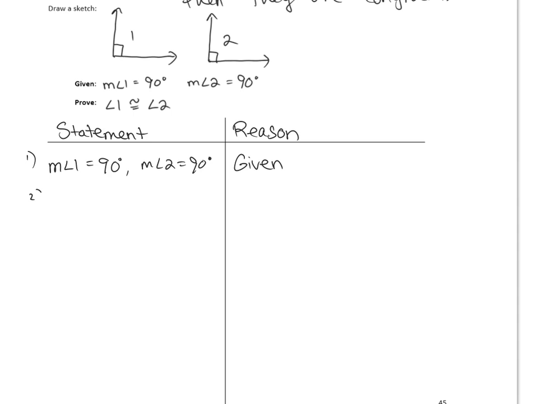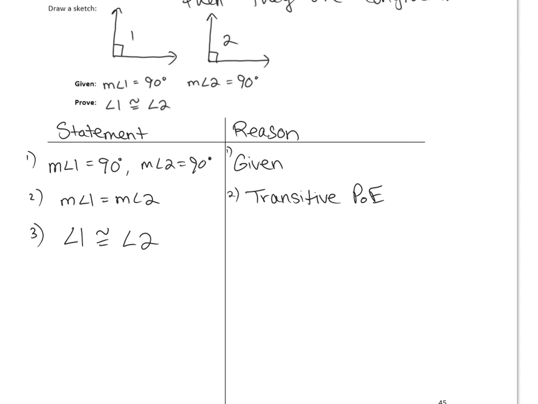Now, if two things are equal to the same number, then they themselves are in fact equal. The measure of angle 1 is equal to the measure of angle 2 by the transitive property. And two things that are always equal are in fact congruent by the definition of congruent.